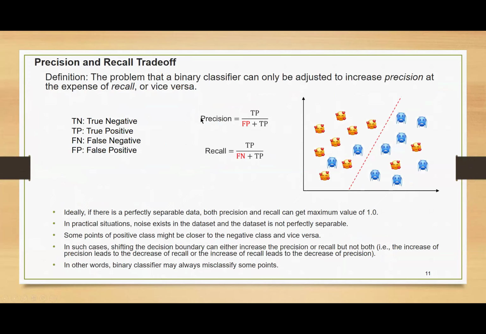Usually in binary classification, when the precision is higher, the recall rate will be a bit smaller. That is also what we've talked about, that in different applications, you might need to focus on different performance metrics. Sometimes you might need recall rate, sometimes you might need precision. Yeah, so there's a trade-off.